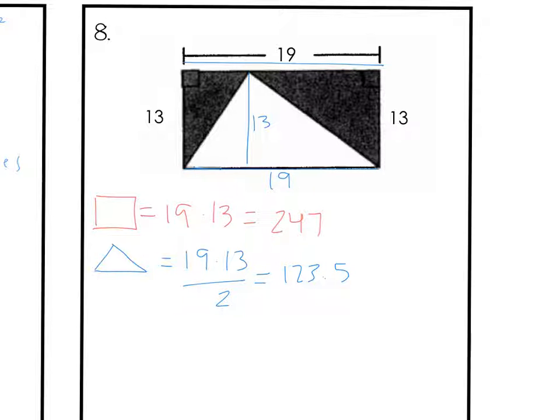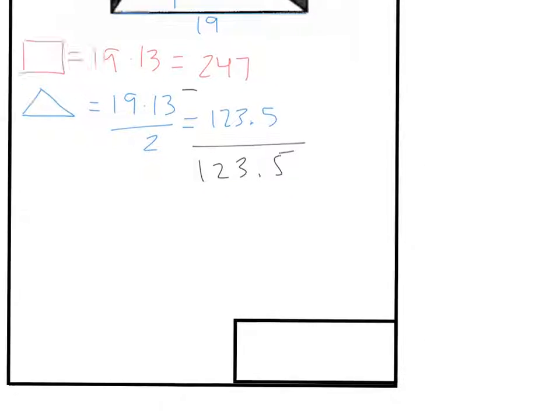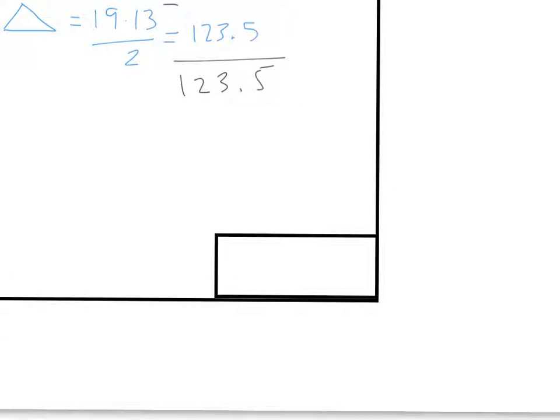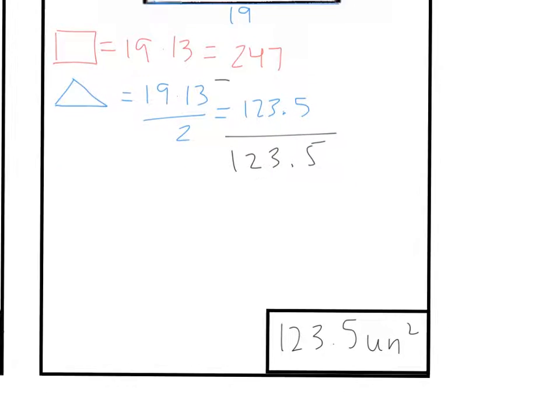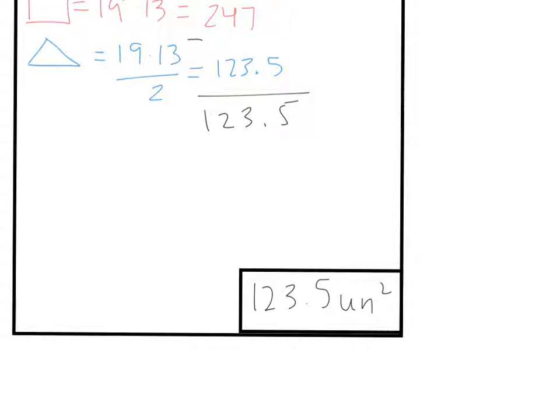And then just to find the area of the shaded region, I'm going to take the rectangle, subtract my triangle, and 247 minus 123.5 is actually 123.5. So that is my answer, and I can fill that in here in my answer box. 123.5 units squared, since they didn't give us a unit to begin with. So I'll label it units squared.